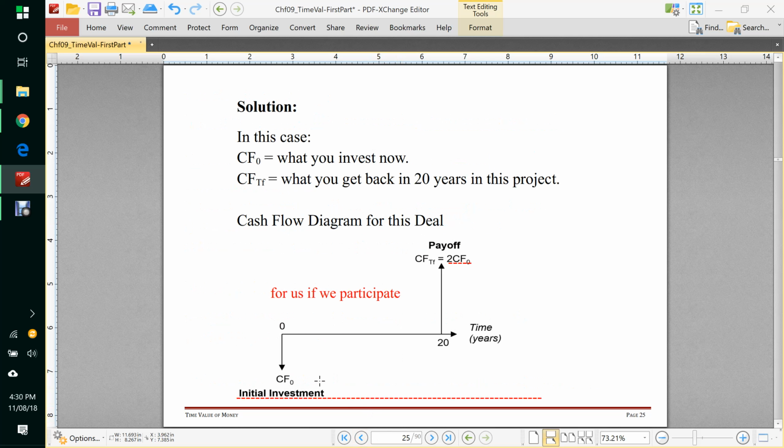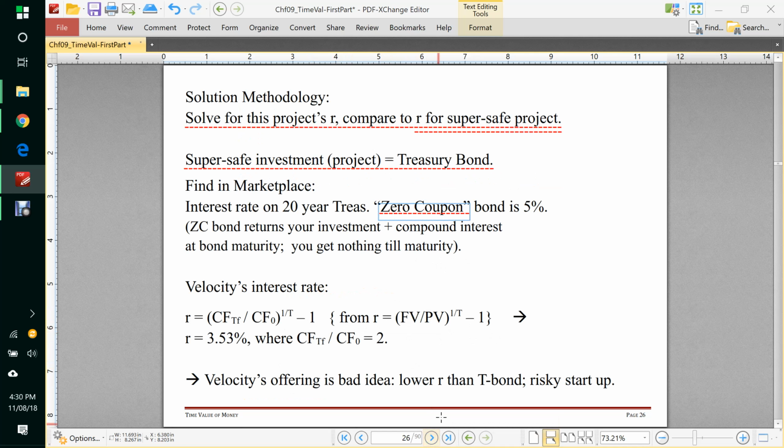Because a zero coupon bond is defined to just have 2 cash flows. You put money in the beginning and you get a bigger blob of money at the end. There are no intermediate interest payments along the way. So that's a zero coupon bond, and there are millions of zero coupon treasury bonds out there.